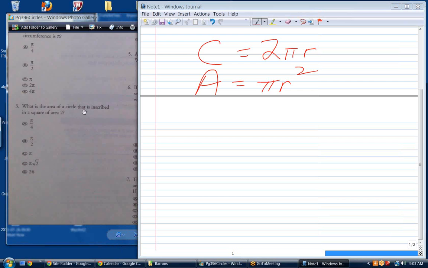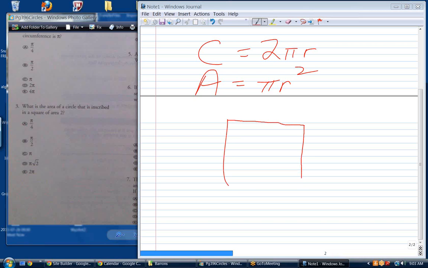So what is the area of a circle that is inscribed in a square of area 2? There's the square, and inscribed in means this.